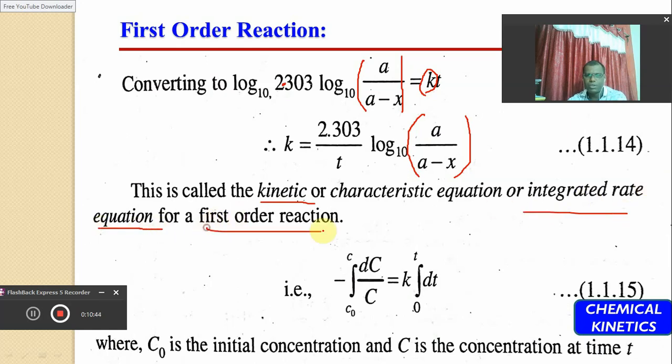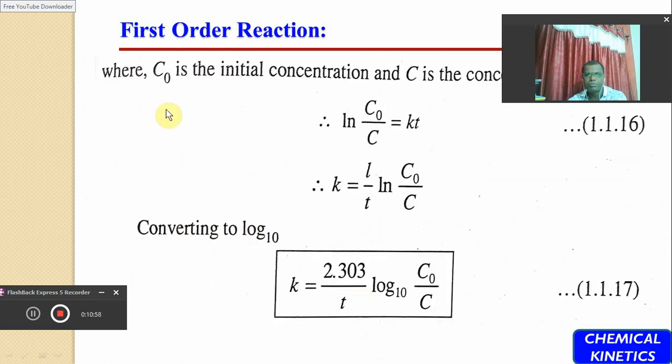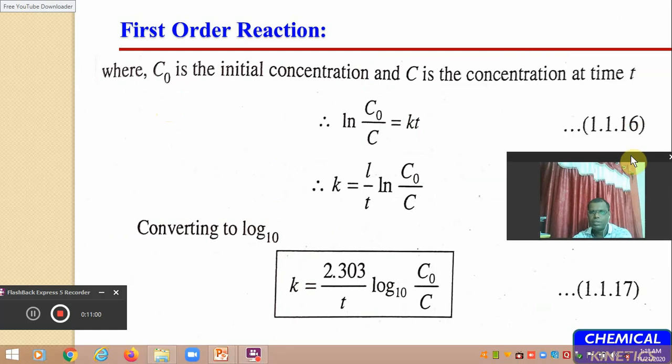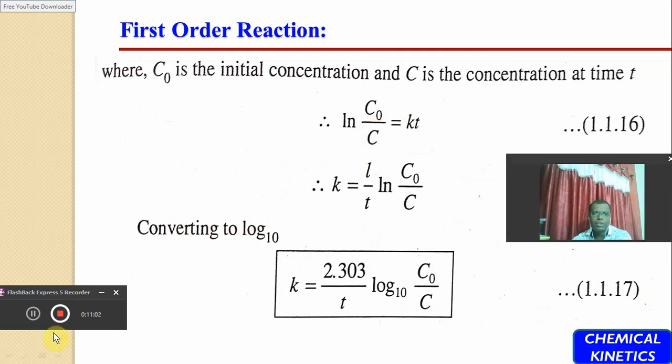This equation can also be integrated with the limits of concentration, where the initial concentration is C0 and the concentration after time t is C. Then we get ln of C0 upon C, the initial concentration to the concentration after some time, equal to k into t.